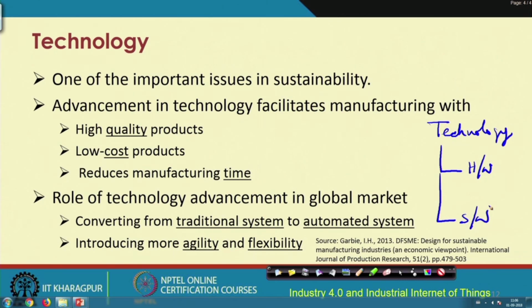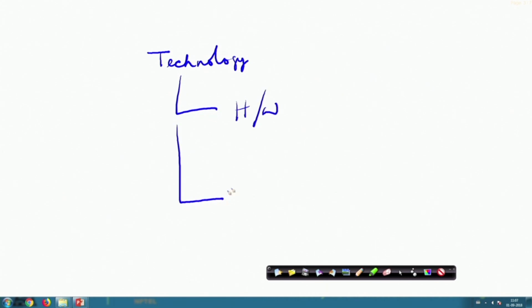Within hardware we have different types of technologies that are used commonly, technologies such as computer. So, when we are talking about technology, we have the hardware technology and the software technologies.